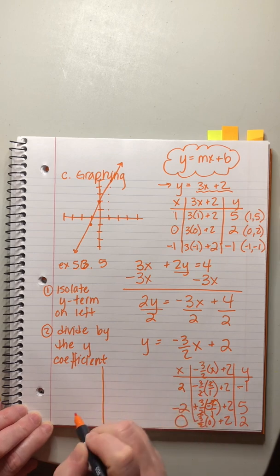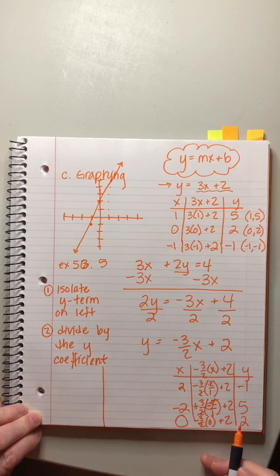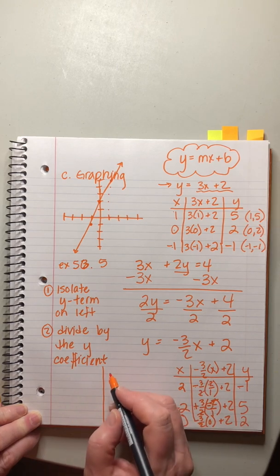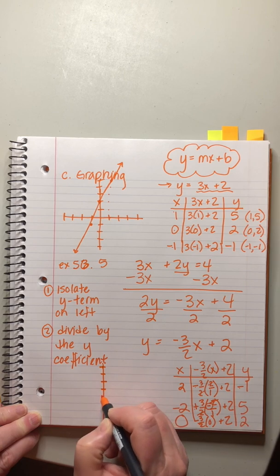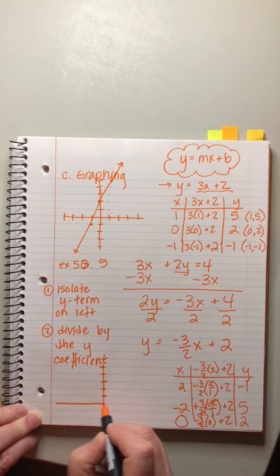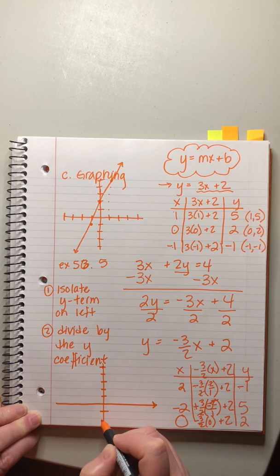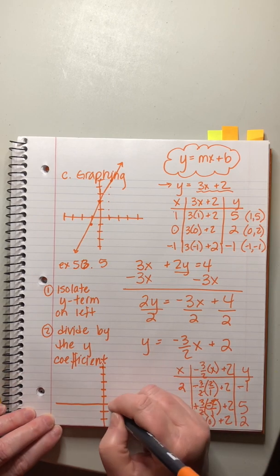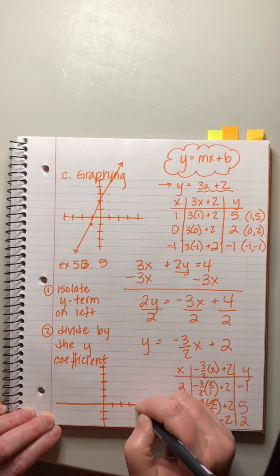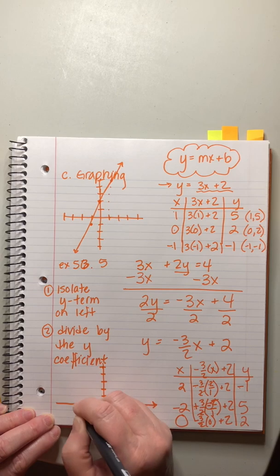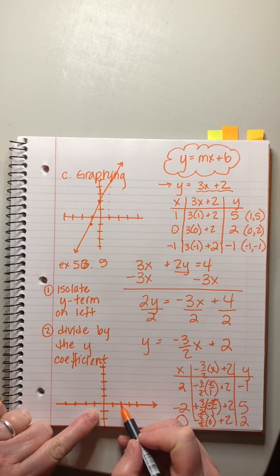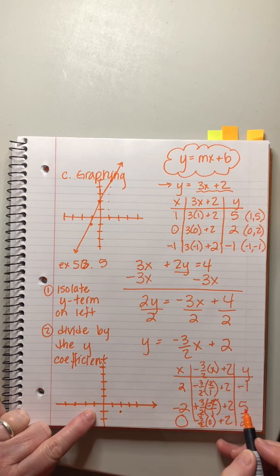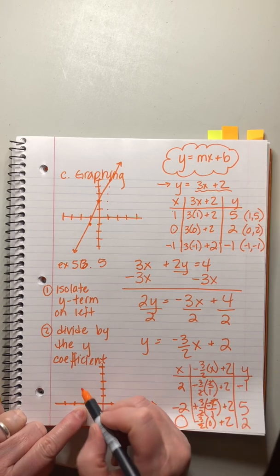I'm going to squeeze my graph in here. And since I need to have that y go all the way up to 5, right? So I'm going to plan ahead. 5, 4, 3, 2, 1, 0. See how I'm being strategic about how I write my graph so that I'll have the numbers I want available to me? Feel free to do that. Okay, 2 and minus 1. Minus 2 and 5.